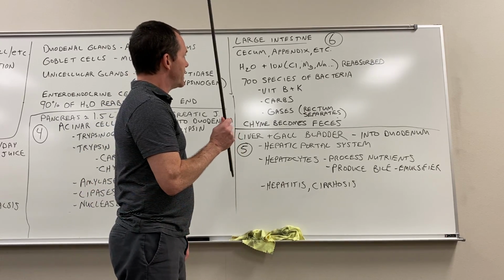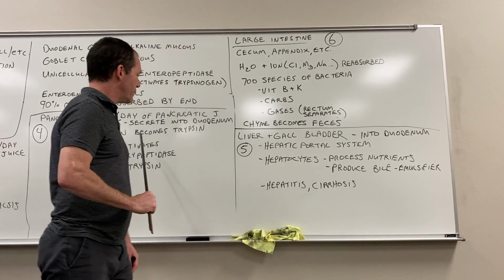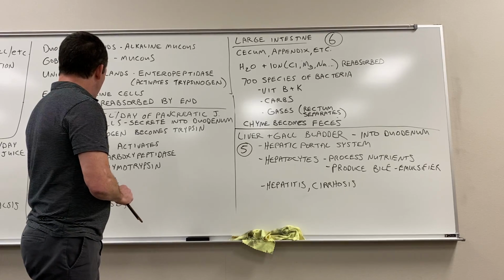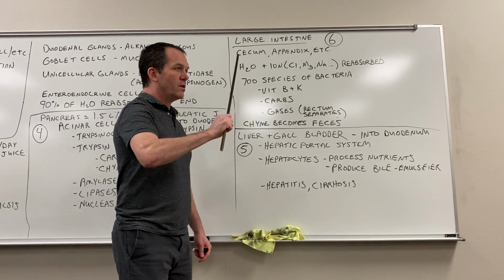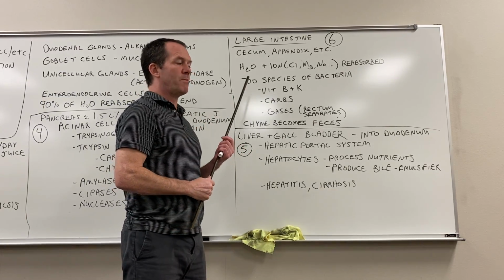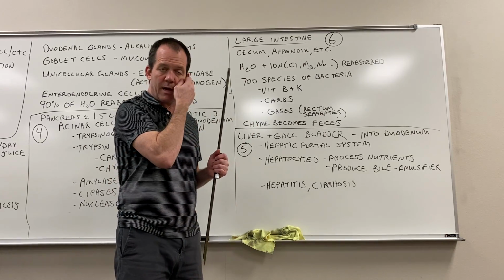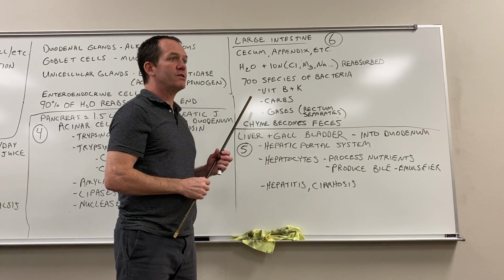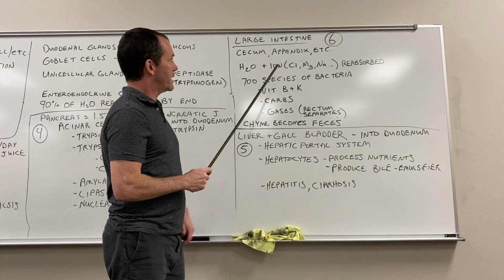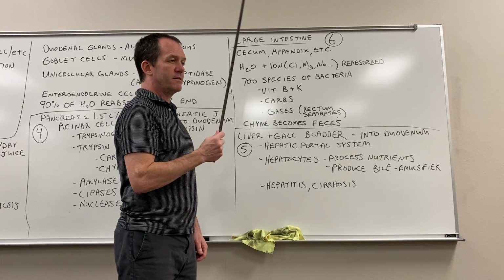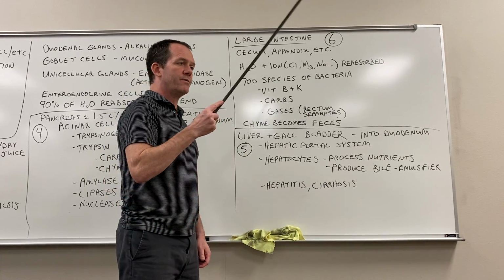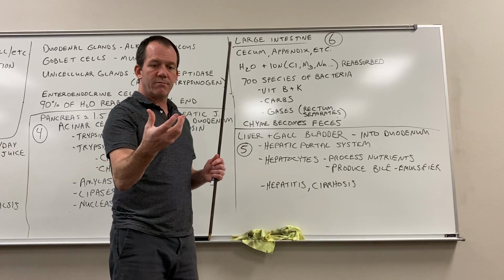Okay, let's move to the large intestine. By the time we get to the end of the small intestine, the ileum will drop off the chyme. It's still chyme. Drop off the chyme into the large intestine. If you picture it, you do have to know all the parts again. So you have the cecum, which is the entry container.